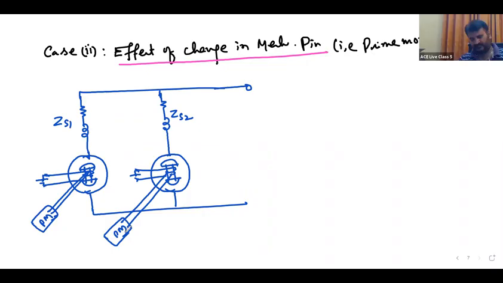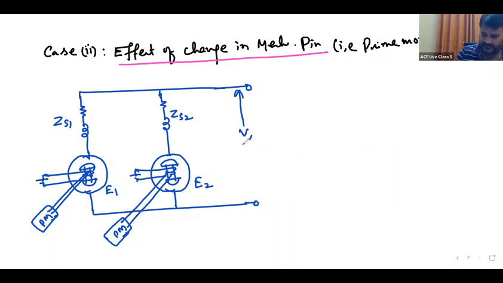See, this is E1. Generator EMF is E1 and this is E2. This is terminal voltage V and frequency F.